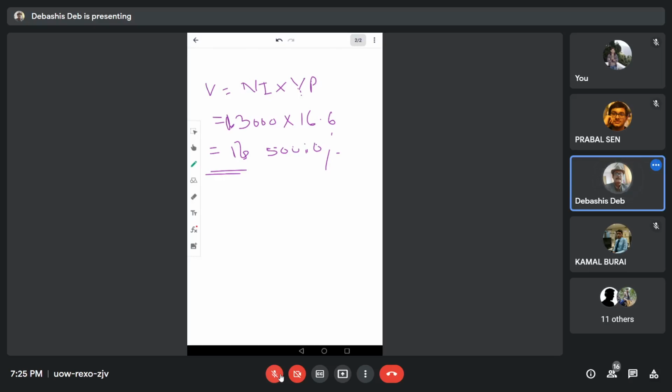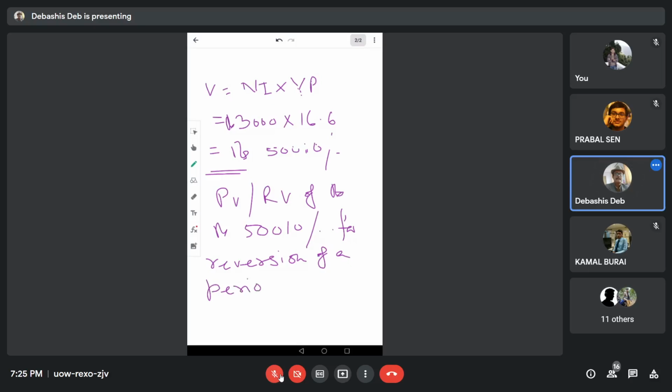So this is the value which will be derived during 2041. Now, what will be the present consideration of the value? Means what will be the reversion value of this amount? So now write down the present value or reversion value of rupees 50010 for reversion of a period of 19 years.